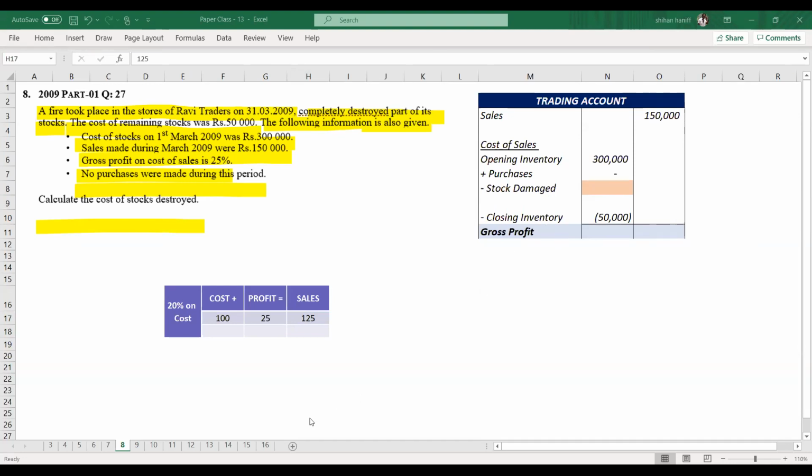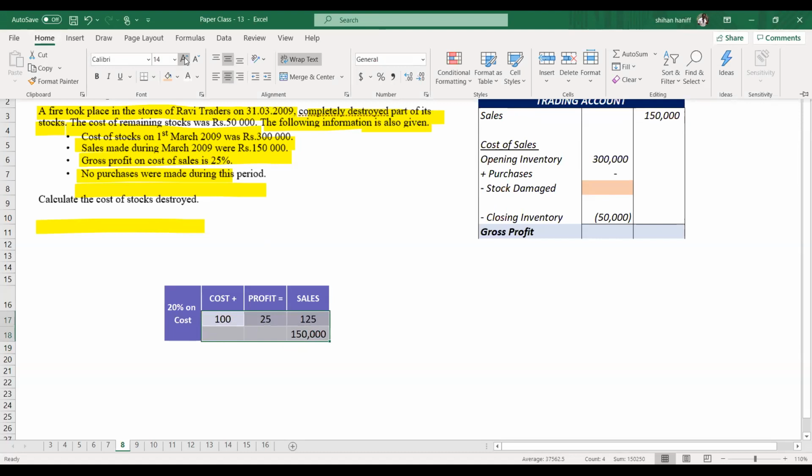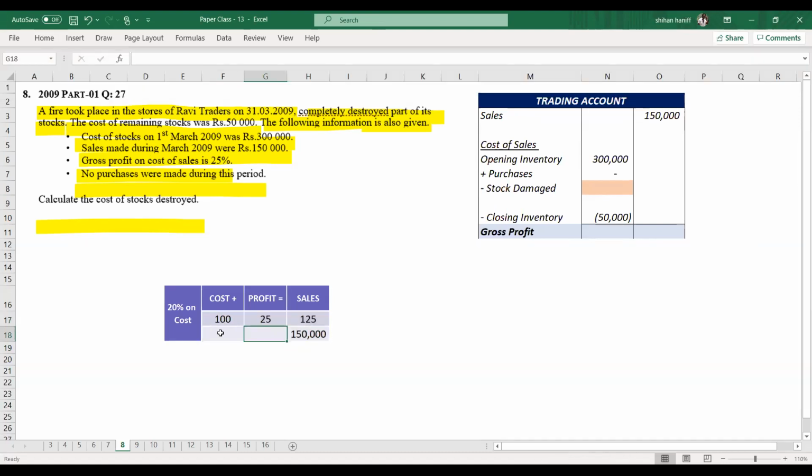Right. Now we have the equation for gross profit, 25%. Sales value is 150,000. So if the sales value is 150,000, how much is the cost of sales?